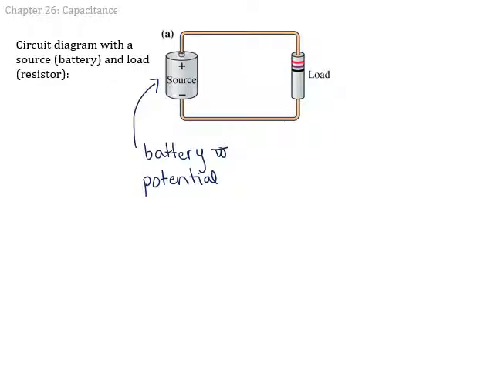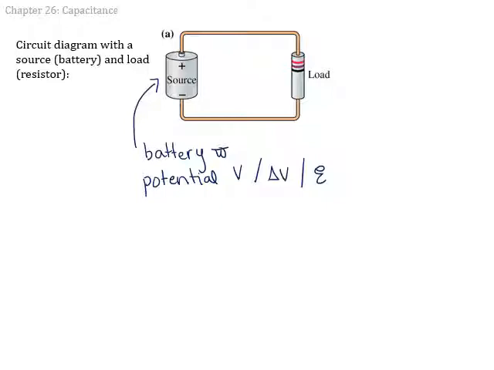The potential can have different symbols. Sometimes it's V, sometimes it's delta V, and sometimes it's epsilon for EMF. So the potential of a battery is measured in volts, and generally we're going to use the symbol V or epsilon. And then in a circuit, the battery supplies the potential.